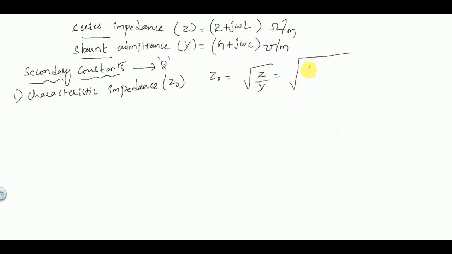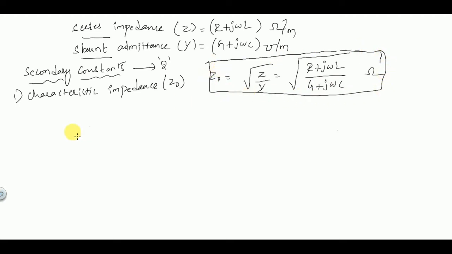It is given by the square root of R plus j omega L over G plus j omega C ohms. So this is called the characteristic impedance, represented by Z0. Okay, the second secondary constant is the propagation constant.